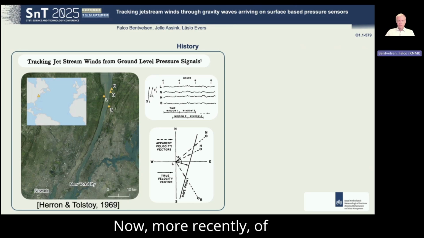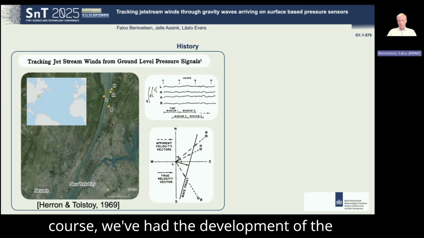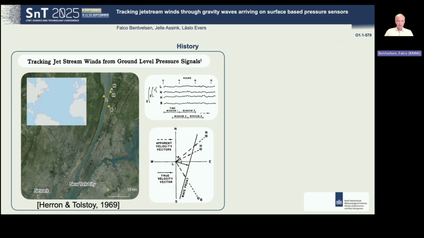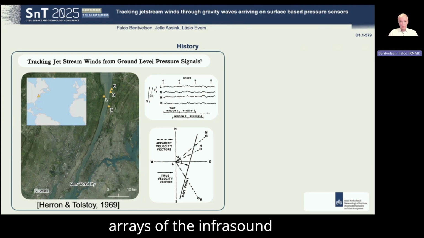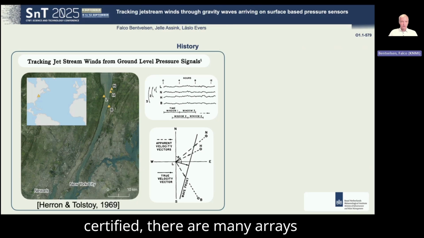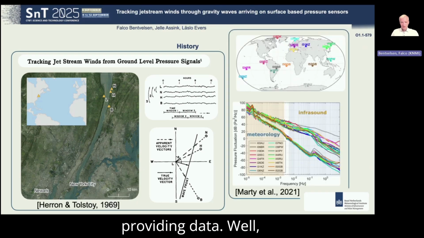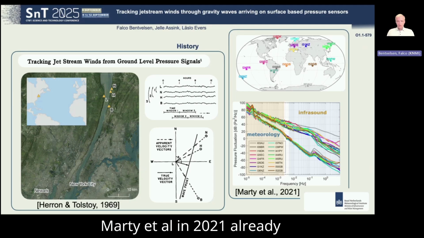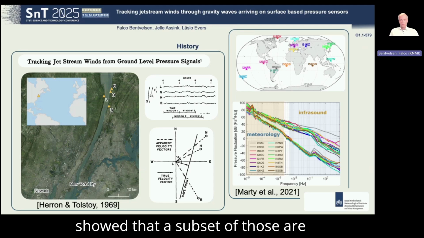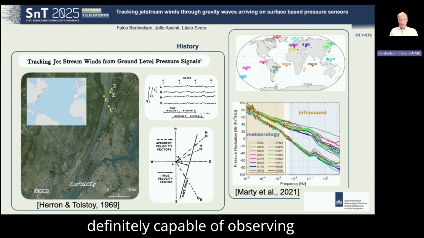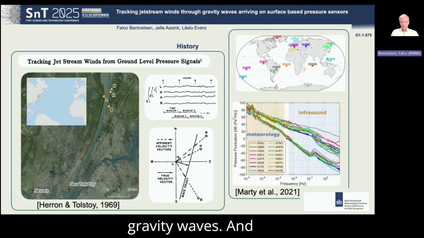Now, more recently, of course, we've had the development of the IMS with currently 54 arrays of the infrasound section being certified, providing data. Well, Martí et al. in 2021 already showed that a subset of those are definitely capable of observing gravity waves.